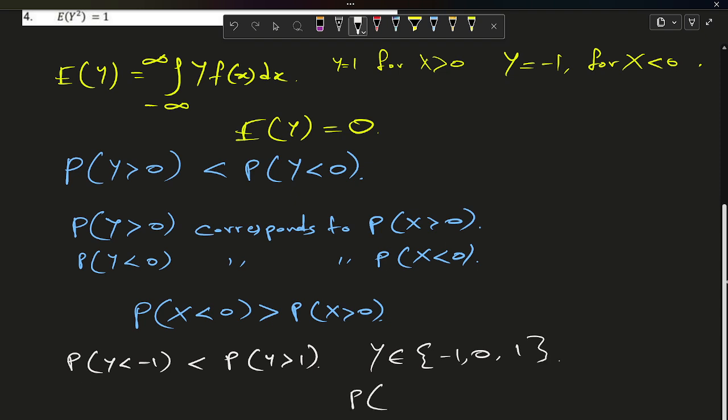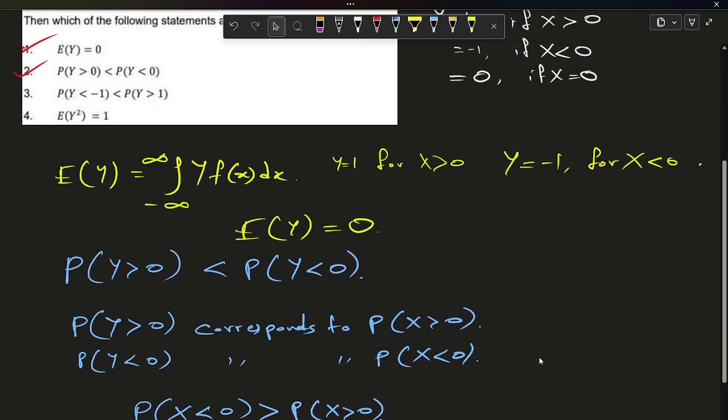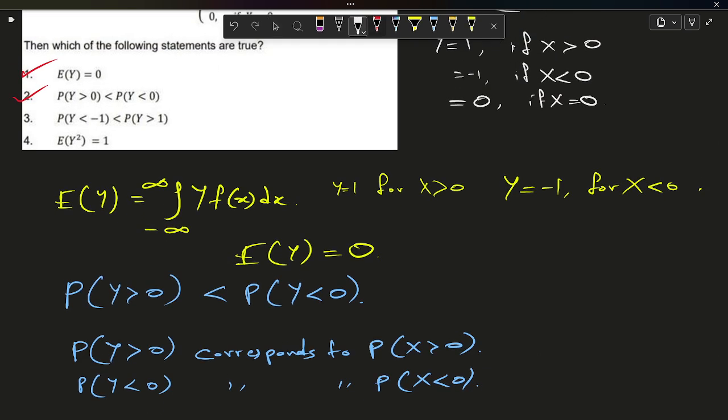Thus probability of y less than minus 1 will be 0, and probability of y greater than 1 will also be 0. So this statement is false, and option C will be cancelled out.